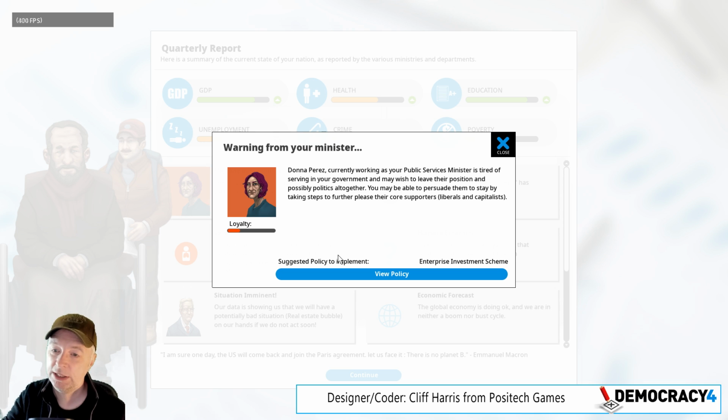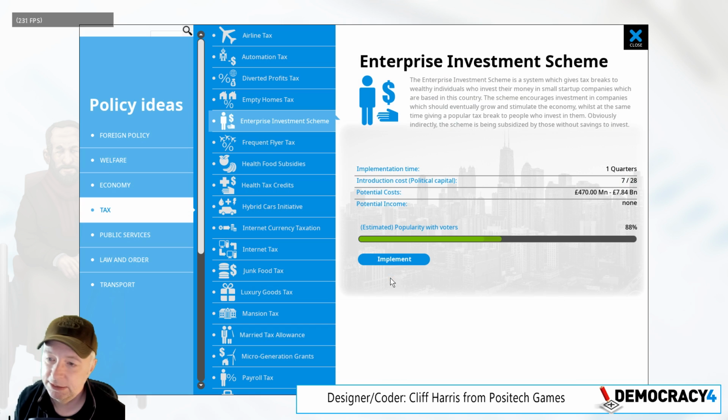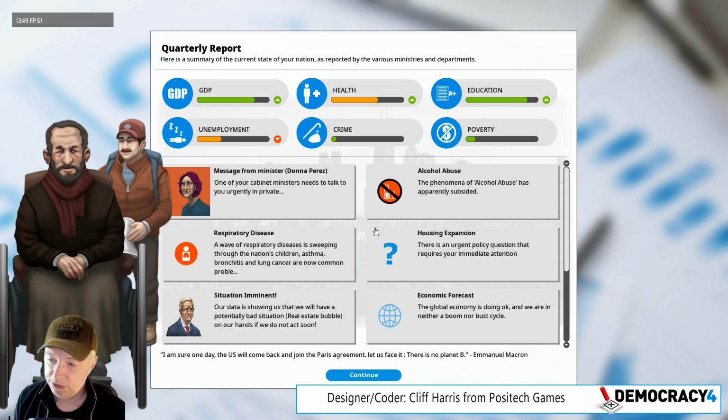So basically it's a shortcut to stopping this minister quitting. So they're saying, look, enterprise investment scheme, that's something you could do. It might not be enough, it's a suggestion, but it's popular and we could afford it, so maybe we should do that. Anyway, I've got a dilemma there.